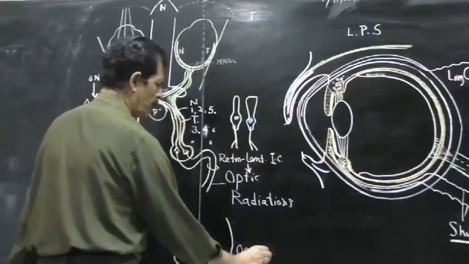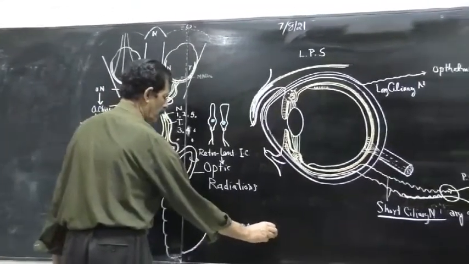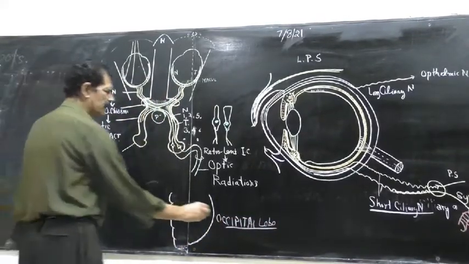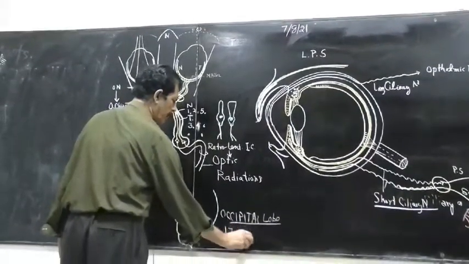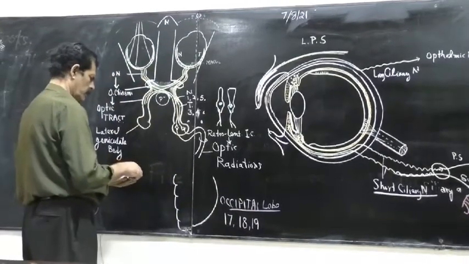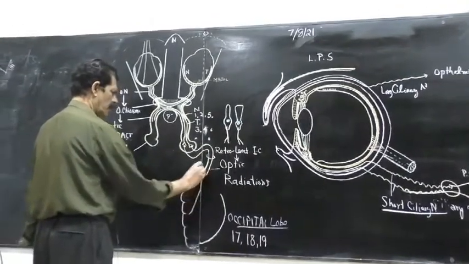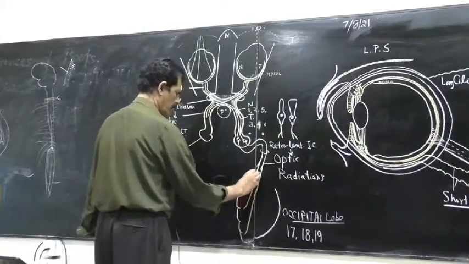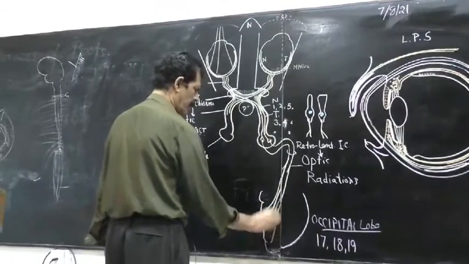So occipital lobe with the area Brodmann's number 17, 18 and 19. So this is how the optic radiations are now reaching the visual cortex, area 17, 18 and 19.